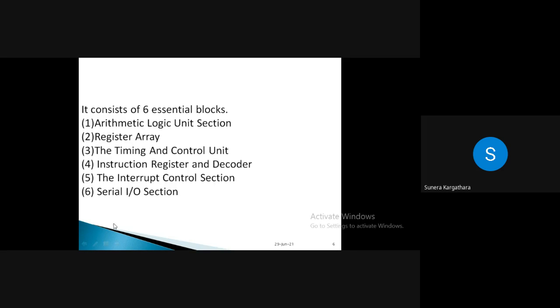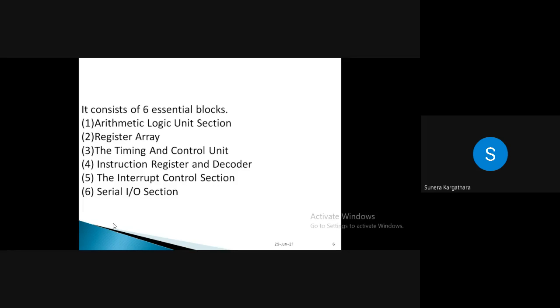So one by one, we'll check each and every section, and then we'll merge these sections' functions, which will give us the whole architecture of the 8085 microprocessor, right? At the very first instance, if you think, okay, I want to memorize this architecture, no one can memorize it, but now understand the different blocks, right?